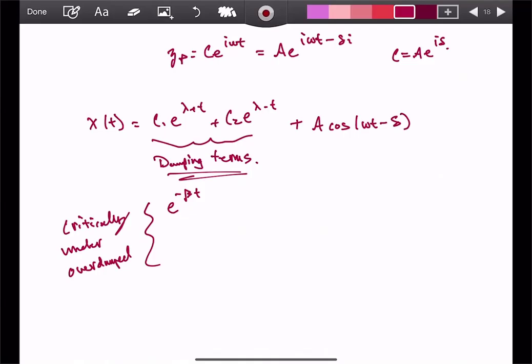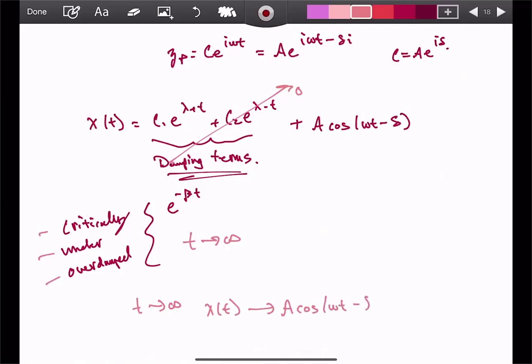Now, in all these cases, it doesn't really matter what kind I have, whether it's critically damped, underdamped, or overdamped. These terms here, as t goes off to infinity, this term is going to go to zero, which means that as t goes to infinity, x of t then is going to become equal to simply A cosine of omega t. Now, what's interesting about this is it doesn't matter if it is overdamped, underdamped, or critically damped, all solutions are going to go to this term here.